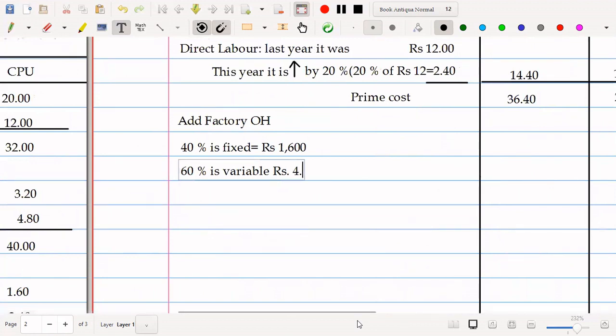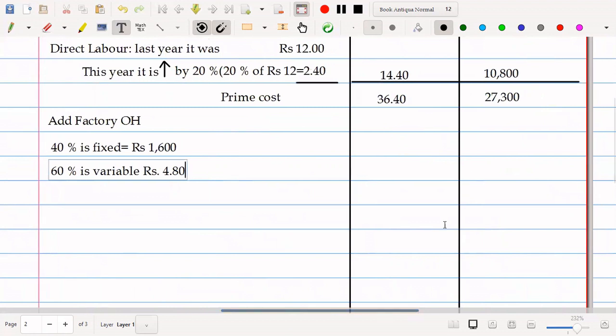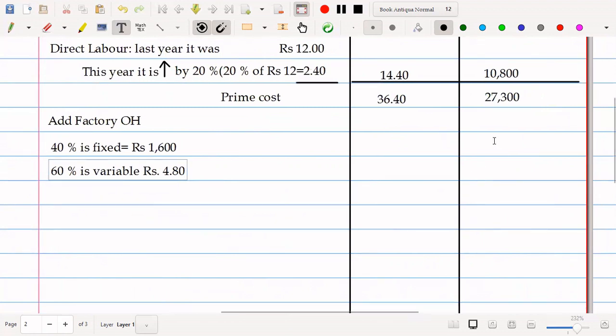So this 4.80 directly we have taken here. Now fixed, you can put it directly here as 1,600, no problem, because there is no increase or decrease in fixed cost. And then divide it by 750, it comes to 2.13.